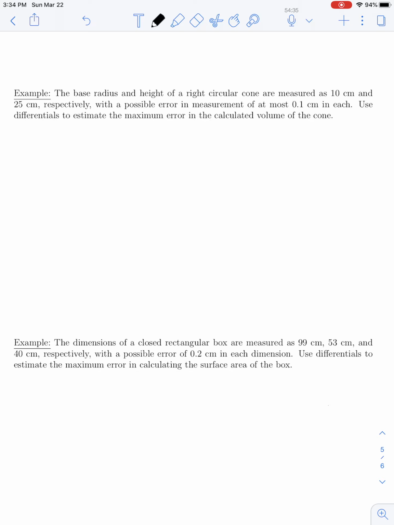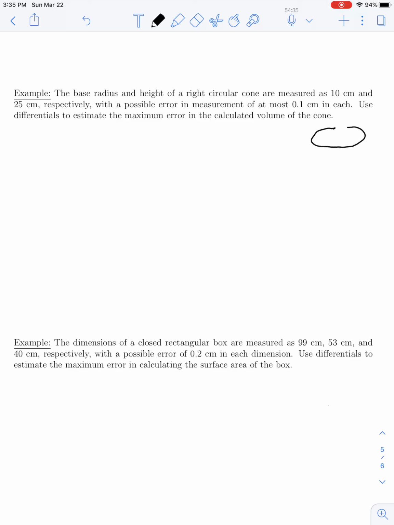We have the base radius and height of a right circular cone are measured as 10 centimeters and 25 centimeters respectively. And we are told that there is a possible error in measurement of at most 0.1 centimeters in each of those quantities. So we are then asked to use differentials to estimate the maximum possible error in the calculated volume of this cone.